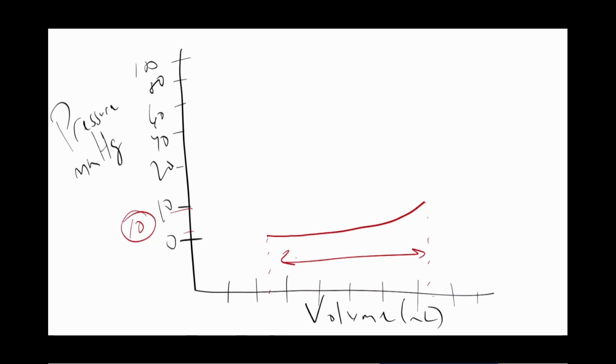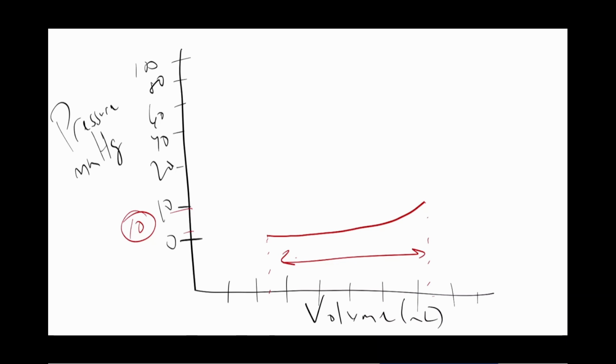If I say your compliance got worse, which way would this line have to go? To the left and up or the right and down? If compliance gets worse, why would it go left and up? Because the pressure is going to increase. Pressure is going up. So let's change the color now.